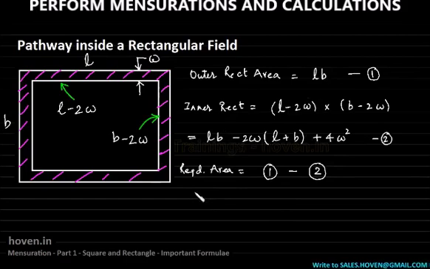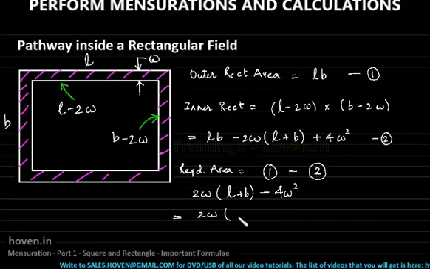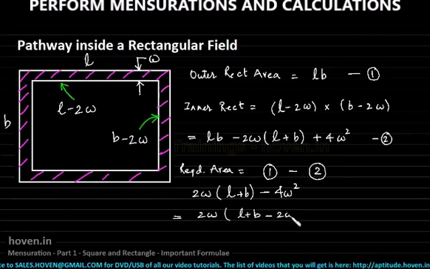This minus will turn into plus, and this plus will turn into minus. So what you would get is, take out 2W common, it will be 2W into L plus B minus 2W, which is the required relationship or the required value.